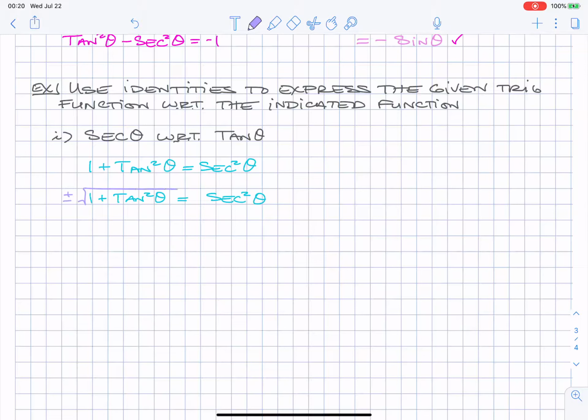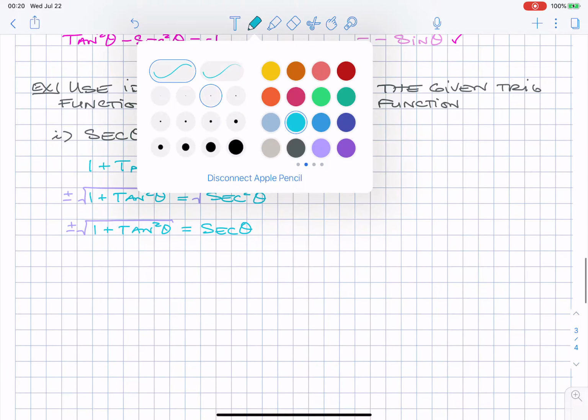So plus or minus the square root of 1 plus tangent squared theta is equal to just secant theta, because the square root of something squared undoes the square. So there we are. Secant is plus or minus the square root of 1 plus tangent squared theta.